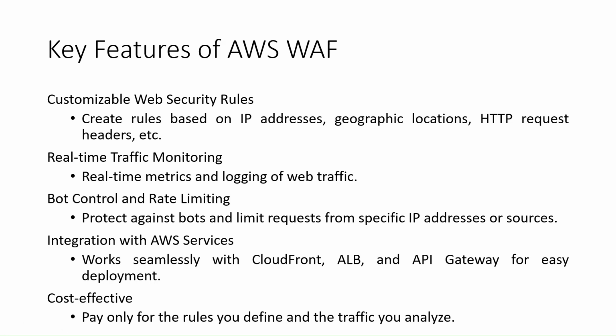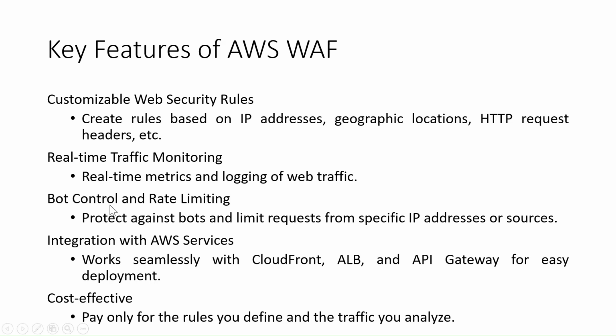AWS WAF lets you see what is happening on your website in real time. It shows detailed metrics and logs about the traffic, so you can monitor for suspicious or unusual activities.